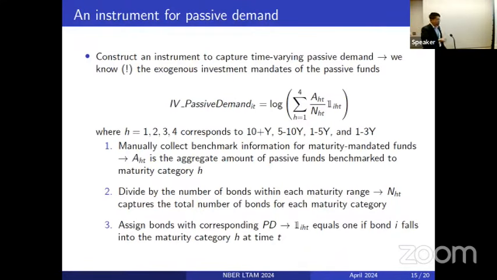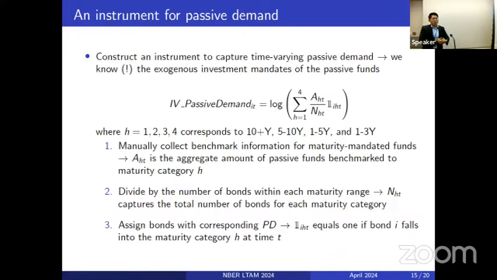However, before that, we need to construct an instrument so that we can actually take advantage of the cross-sectional variation. So our instrument is inspired by the investment universe instrument from Koijen and Yogo's 2017 paper. The difference is that here we can actually observe their investment mandate. So here we know exactly which maturity mandate each passive fund can invest in.